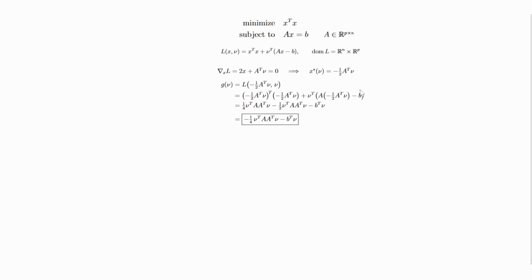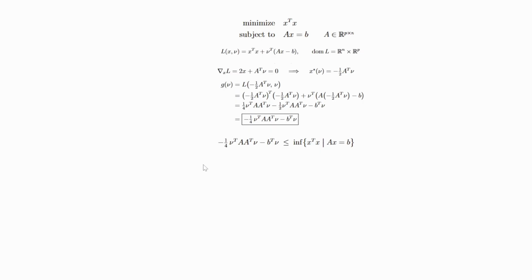So just doing a bunch of messy algebra, we get this final result here. If you look at it, this is a concave quadratic function of v defined for all v in R^p. And the lower bound property we established earlier tells us that this following inequality has to be true.